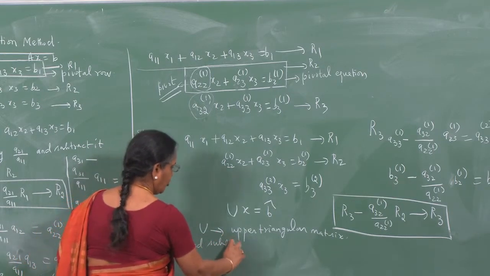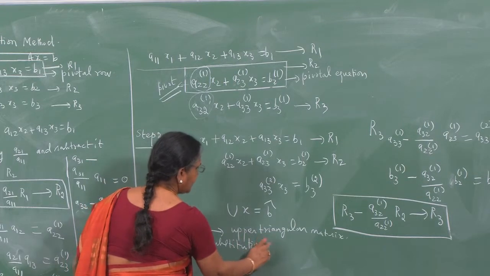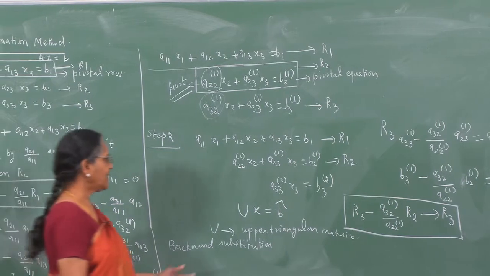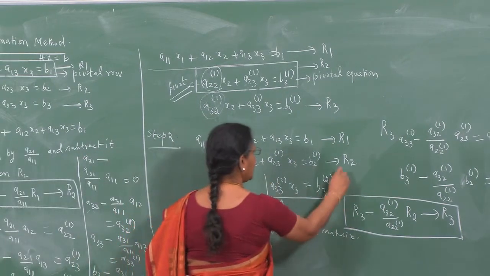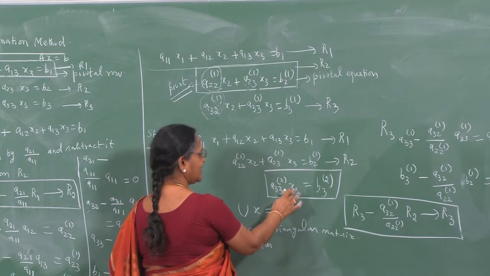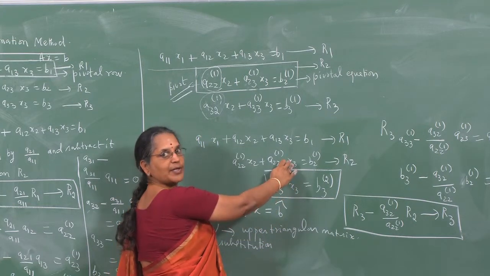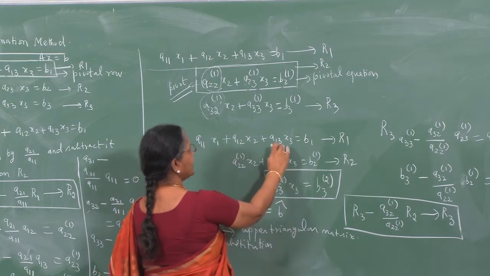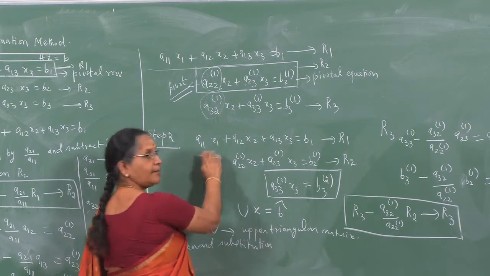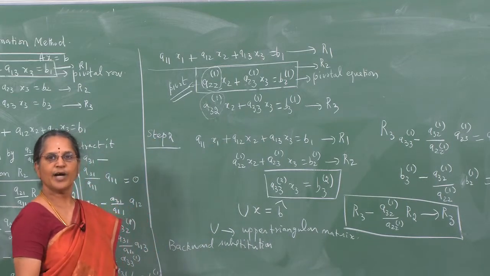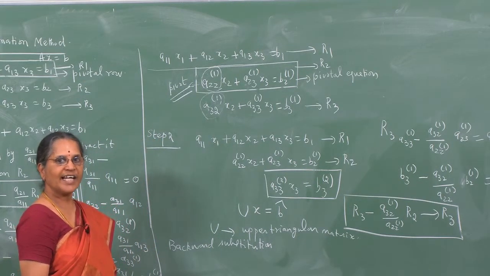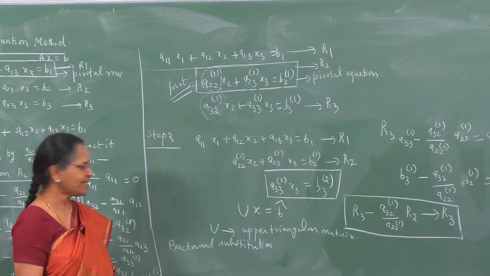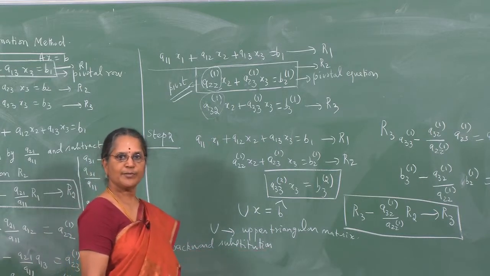We already know how we can obtain the solution of a system of equations when the coefficient matrix is upper triangular. So, from the last equation you can get x3. Substitute that x3 in the last but one equation, determine x2. Knowing x2 and x3, from the first equation you determine x1. So, you have the unknown vector x having components x1, x2, x3, which are determined using the backward substitution procedure.